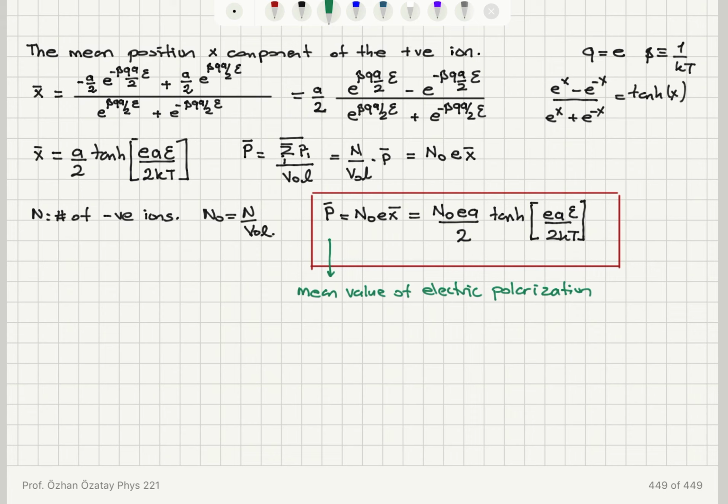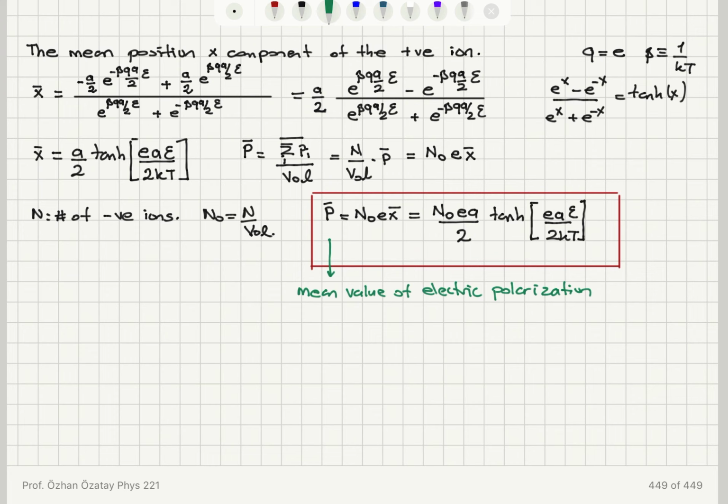Okay, so I can see that the mean position of the x component of the positive ion is then a over 2 tangent hyperbolic ea epsilon over 2 kt by substituting for charge E and beta 1 over kt. Well, but the polarization is number of ions per unit volume times the charge times the distance.